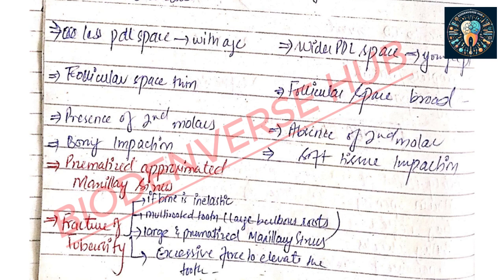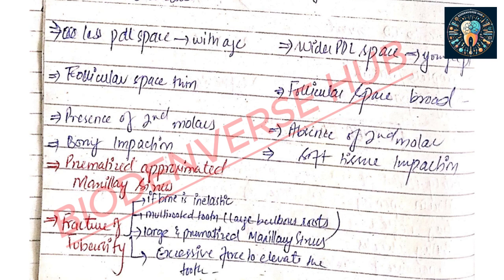Or if there is a large or pneumatized maxillary sinus, in that case as well, you can end up fracturing the maxillary tuberosity. Or if excessive force was used to elevate or luxate the tooth, in that case also you can end up fracturing the maxillary tuberosity.